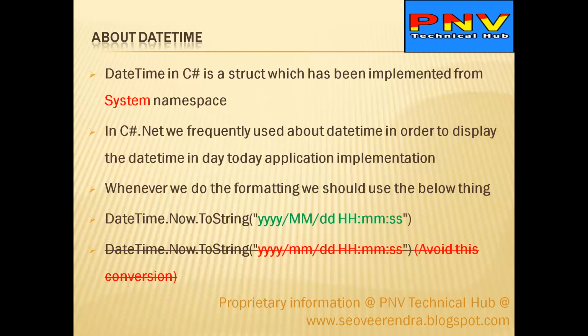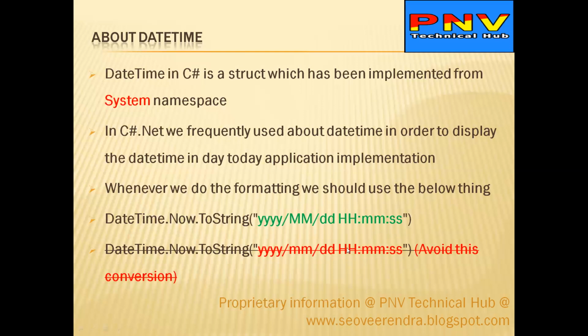Capital H represents hours, small m represents minutes, and small s represents seconds. In place of capital H, if you use small h, then again that would be a problem.